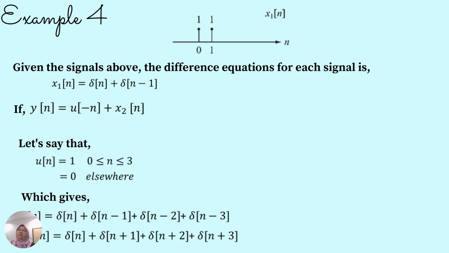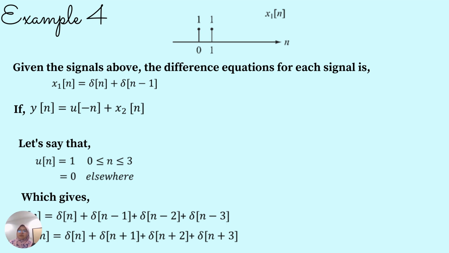So u minus n ni adalah step function tadi. Sebab un ni adalah infinite punya signal, daripada n equals to 0 kepada n equals to infinity. So kalau katakan kita just give a rough, kita redefine balik u ni.